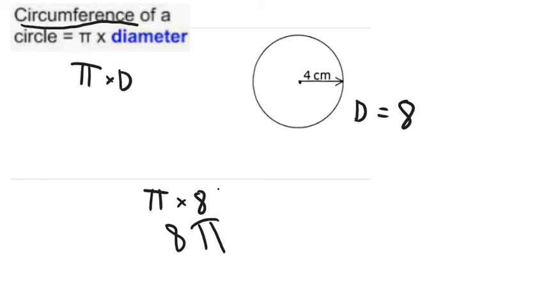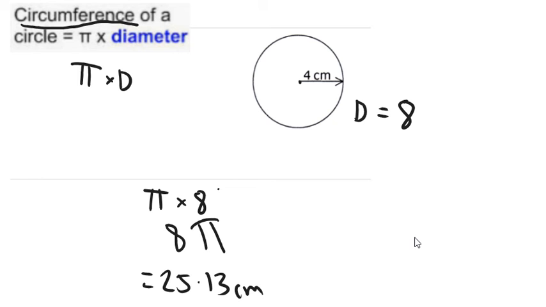So if you were asked to give your answer in terms of pi, then that's all you need to put in, just 8 pi. But if you press your SD button on your calculator, then it'll give you 25.13. And that would be centimeters. So I'm rounding that off to 2 decimal places as well.